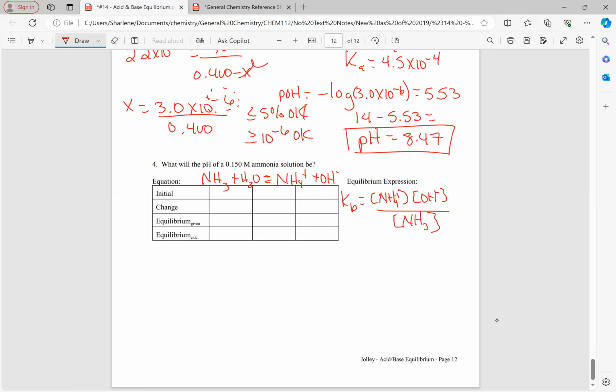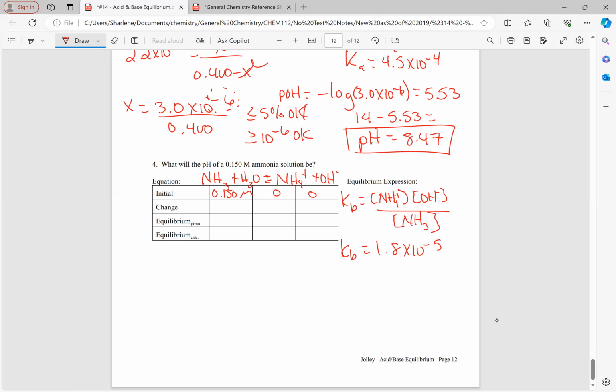All right, this is a Kb. Can I find a Kb? Well, of course we can. Go to my list. And it is a fluke that the Kb of ammonia is the same as the Ka of vinegar. Just one of those fun flukes of nature. I started out with 0.150.